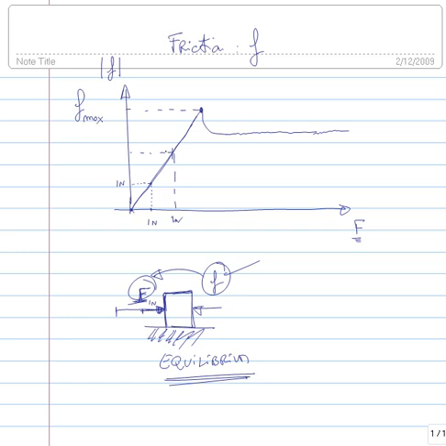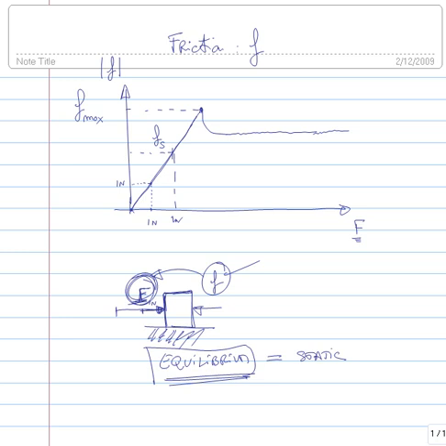Since we've been considering the case where we're at equilibrium, which is also called static, we're going to call this little force the static frictional force, or Fs. This static frictional force will be able to increase its magnitude to match whatever is being applied to counteract it, such that the system remains at equilibrium.